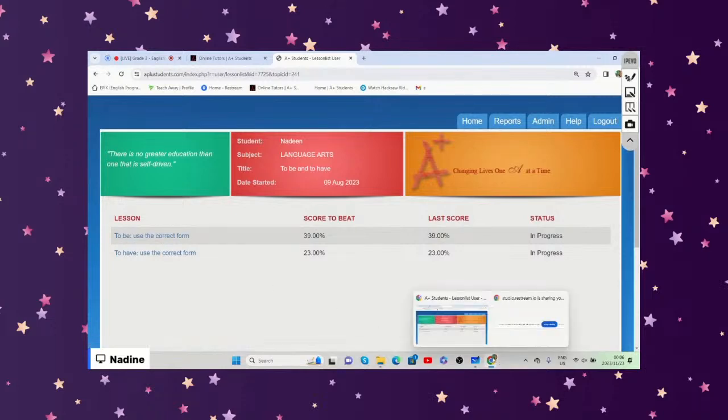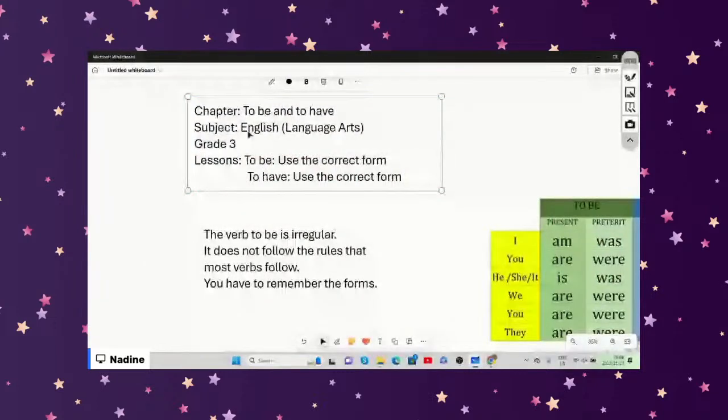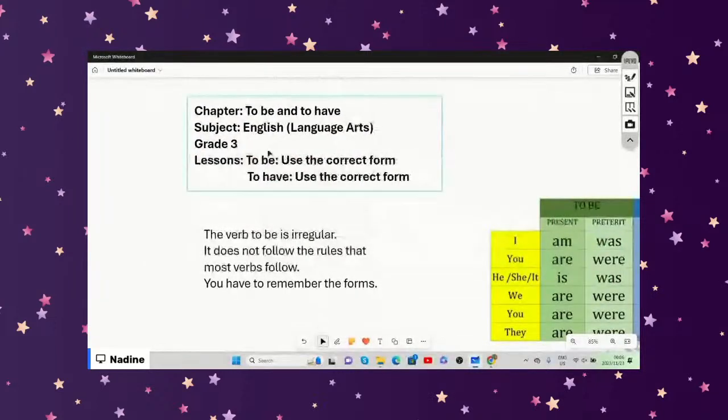All right. So our chapter is to be and to have. The subject is English, which is language arts, grade 3. And the lessons that we're going to be focusing on today under the chapter of to be and to have are to be and to use the correct form, to have and to use the correct form.